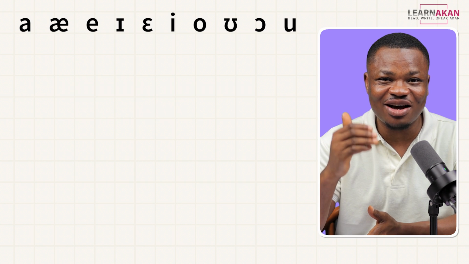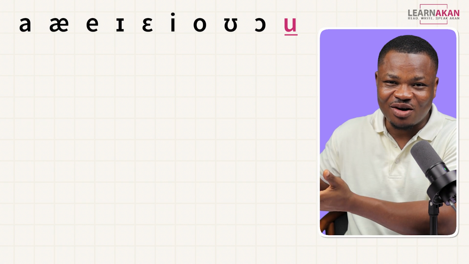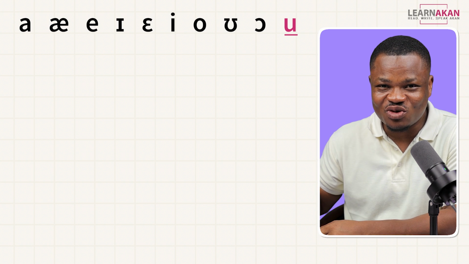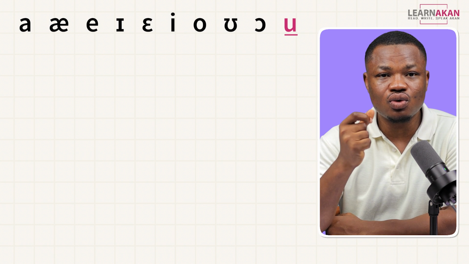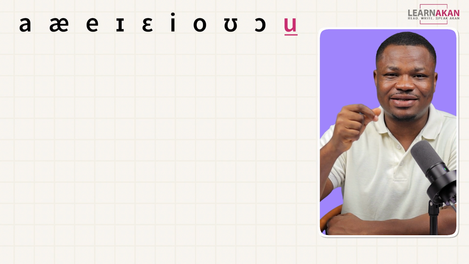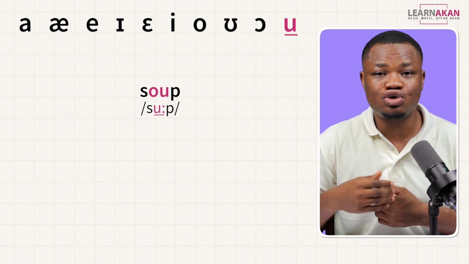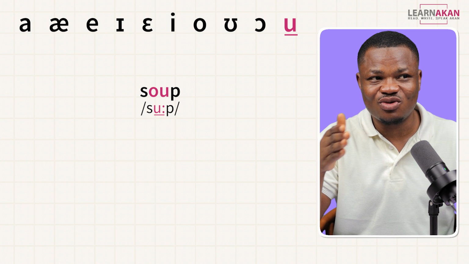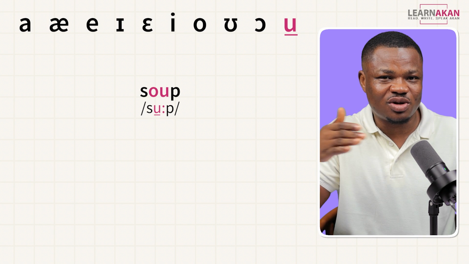Now let's go to the final vowel, and that is this one. Again, this is one of the vowels in Twi that come with just a single sound. And for this one, we have this as u. Now, this is the same sound that you find in the middle of a word like soup, but in English it's long. The u is long, right? So you cut it short because this is very short.